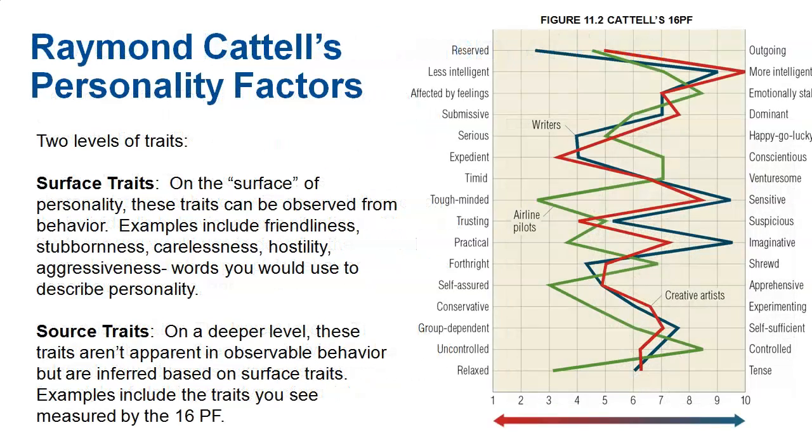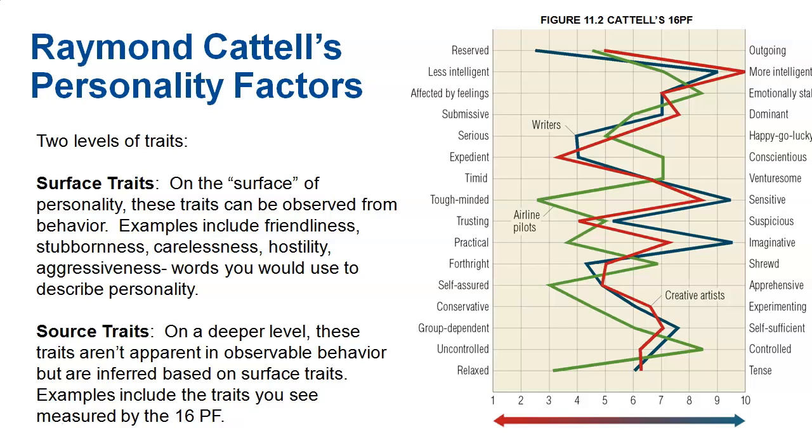Then we get into Cattell, and he believed that there were specific personality factors. 16 in fact. And when you were looking at these traits and these kind of factors, there were surface traits and then source traits. So surface traits was how you looked on the surface.